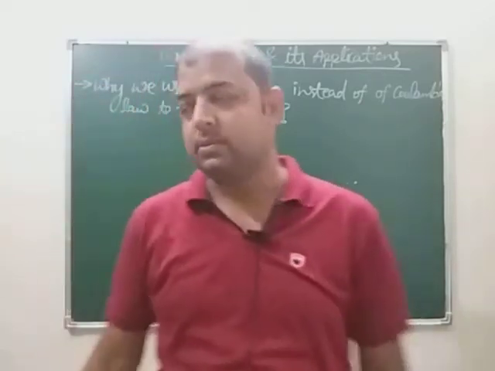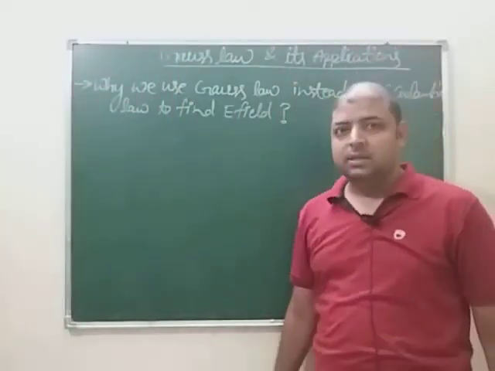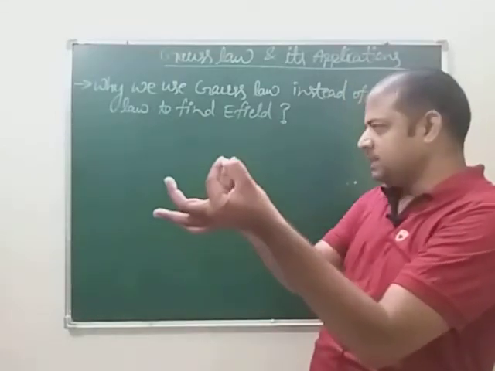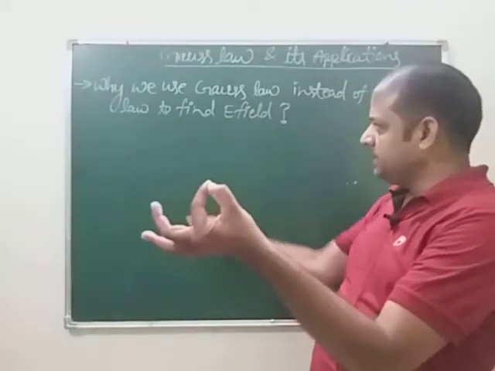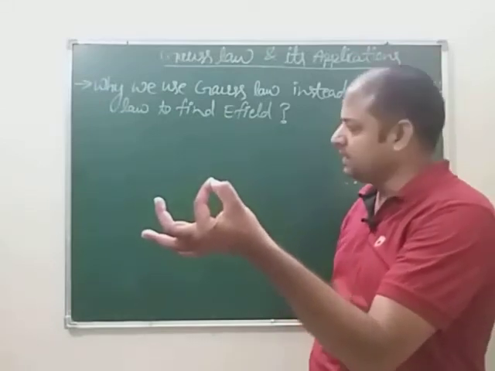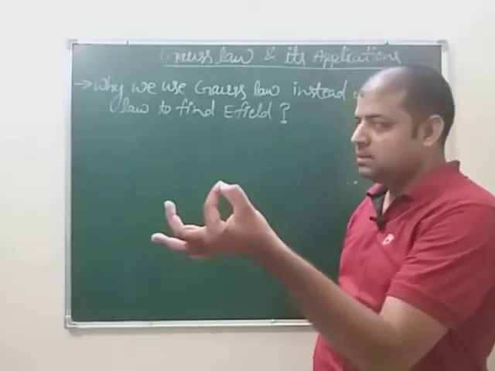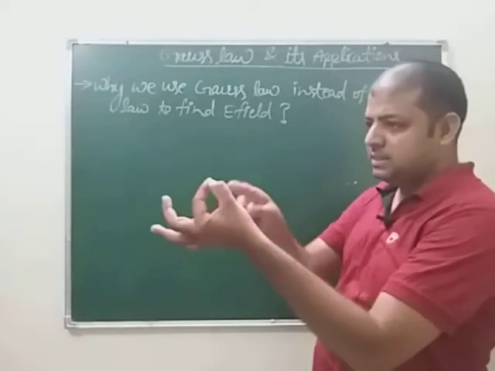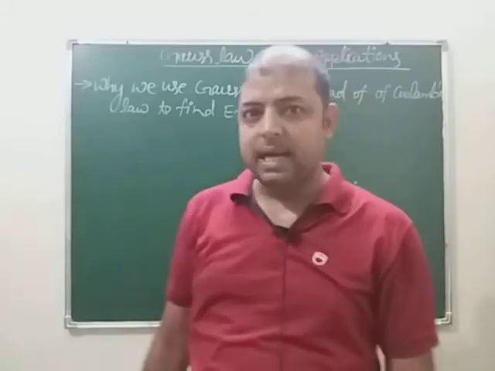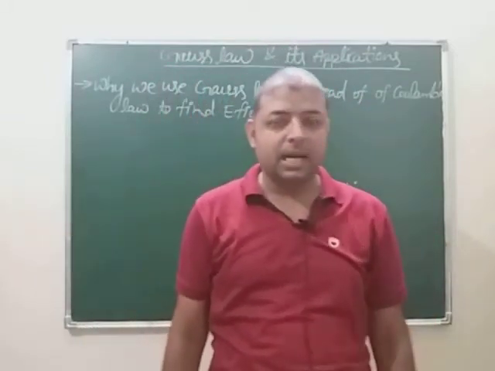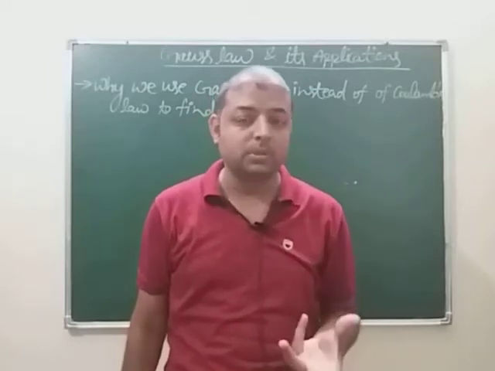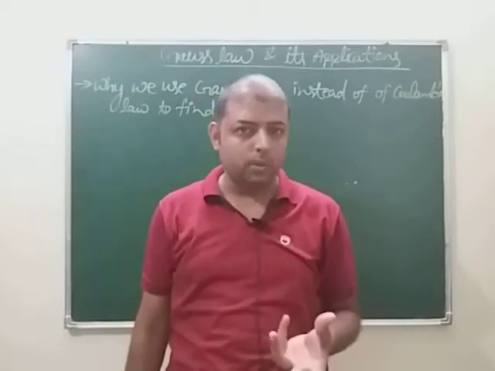If I want to calculate the electric field at point P due to this conductor, I would have to make a resultant diagram of electric field due to all charges, which is impossible or impractical to solve.